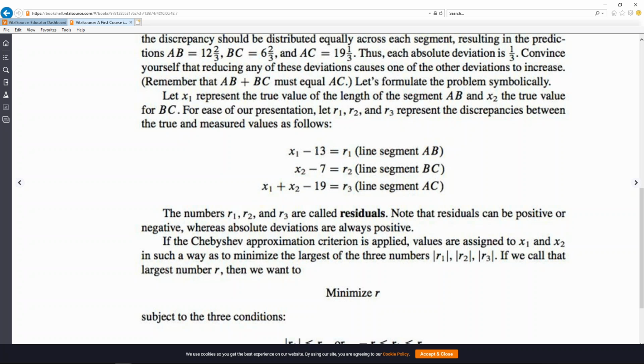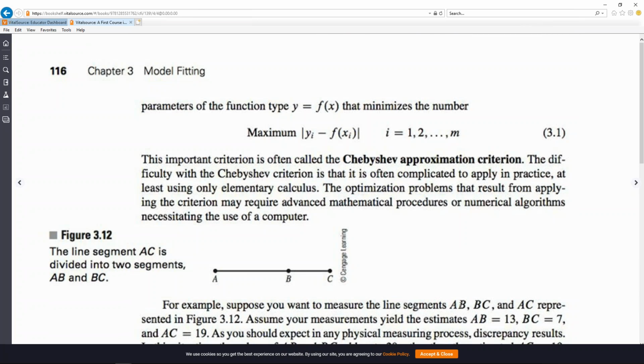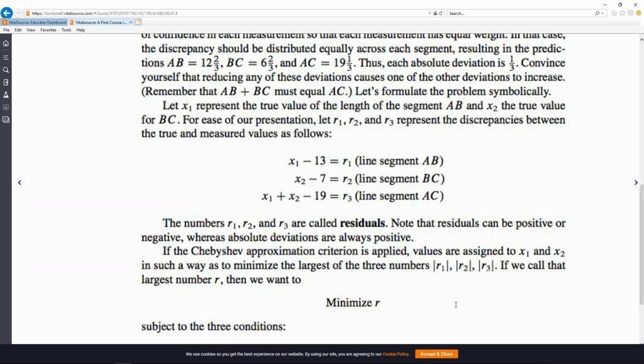Because the measurement is 13 and x1 is the true value, x1 minus 13 gives R1, the discrepancy for segment AB. For the second segment BC, x2 minus 7, where the measurement is 7, gives R2 as the discrepancy.